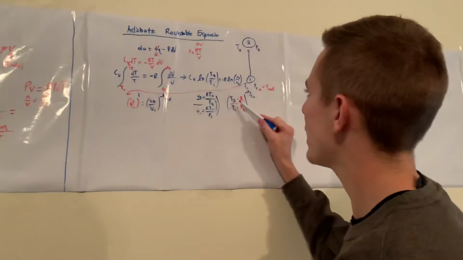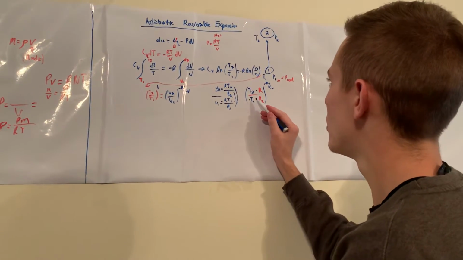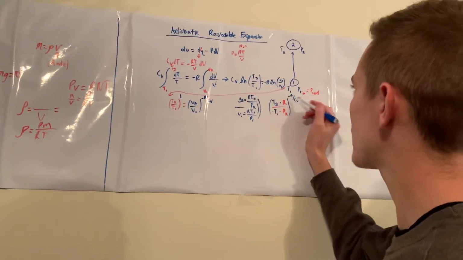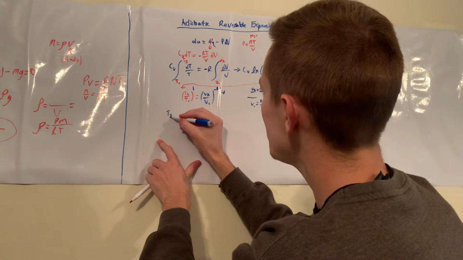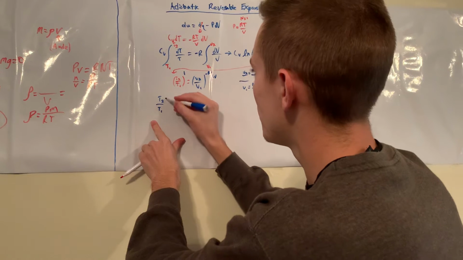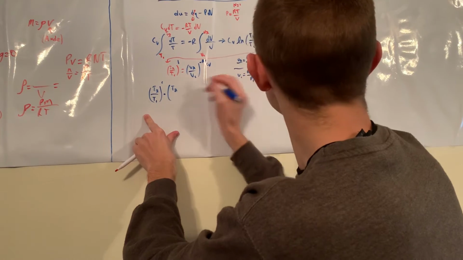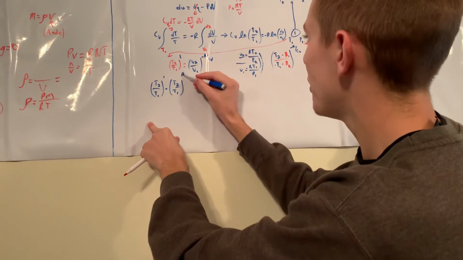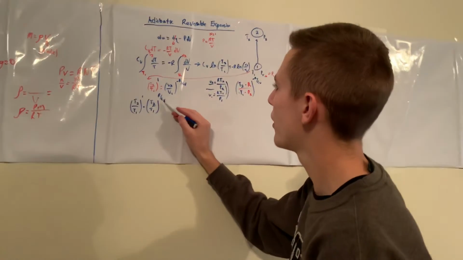So let's go ahead and get our temperatures on the same side. So we can rewrite this equation. We're going to multiply our temperatures together, which makes the exponent positive now. So we're going to say our T2 over T1 to the first power multiplied by our T2 over T1 to the now positive, when you're bringing it over, R constant over our heat of vaporization.